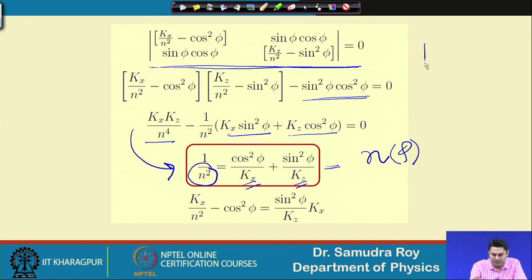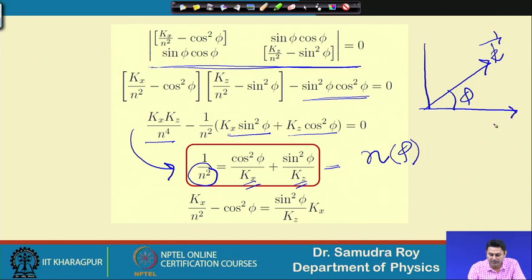What is phi? If you remember, phi is nothing but the angle made by the k vector with the z axis. So, this was the phi. If I go back to the previous slide, or if you notice carefully, my k vector was in the xz plane and it is making an angle phi with the z axis.